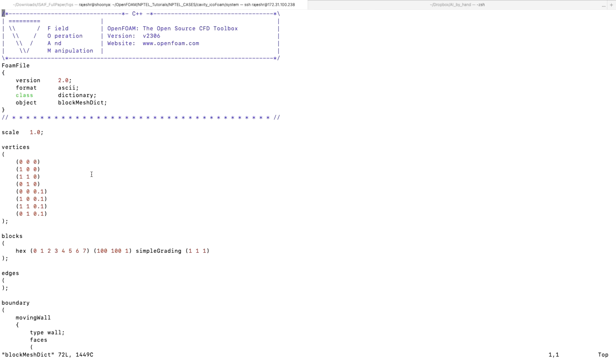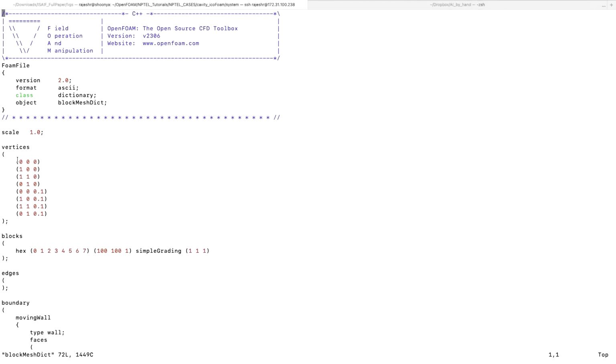So, even if the problem is 2-dimensional, which is what we are solving here, the square lid-driven cavity, you have to give something on the third dimension, which can be very small, but you have to provide it. And this in fact you can do in your own solver also. If you have some other solver which you have developed, it is a 3D solver, and if you want to solve a 2D problem, you can give some faces on the third dimension and put an empty boundary condition or maybe a symmetric boundary condition.